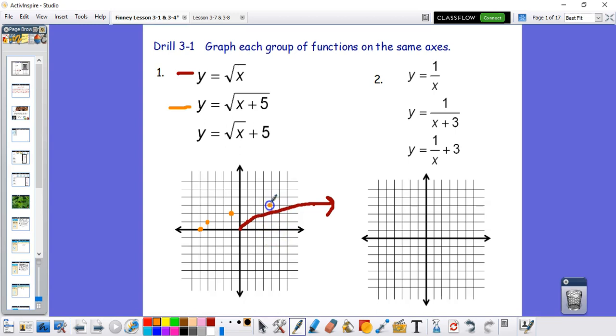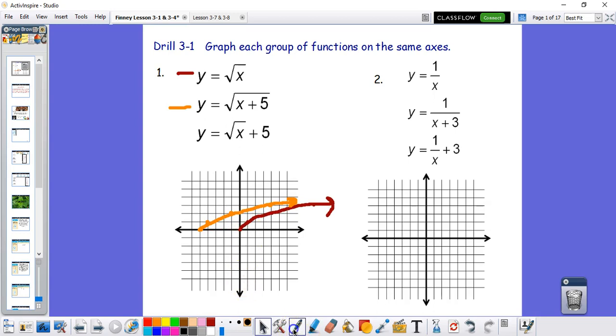So my graph is going to look a little something like this. Hopefully yours is a little better grid. But if it were physically possible for you to pick this up and move it over, they should be pretty close to each other. So basically all we did was slide our graph 5 to the left.